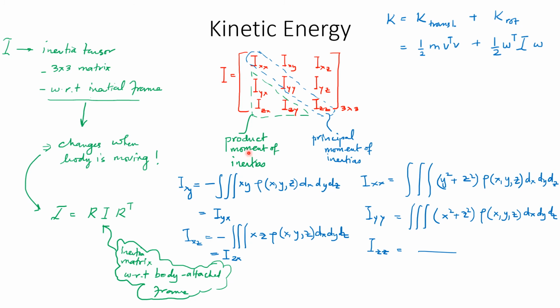And you can use solid modeling software, or experimentally you can find out those moment of inertias. So these are going to be the components of a fixed inertia matrix, which when used in conjunction with how the body attached frame is rotating in this similarity transformation, you can find out the inertia tensor with respect to the inertial frame.